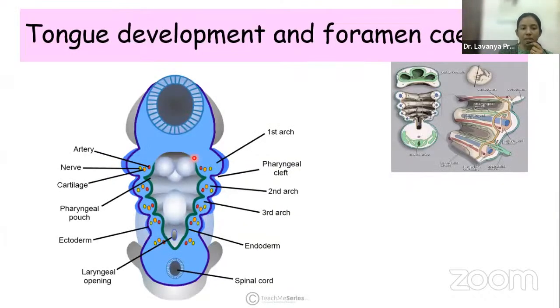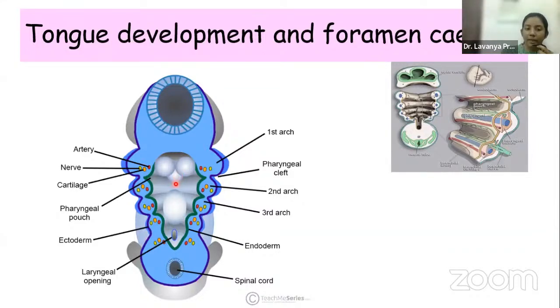This is nothing but this section. So what happens here? You can see this is the first arch. Towards the medial end, you can see the two lingual swellings. Between the first arch and the second arch, we can see the median elevation called the tuberculum impar. Now, why are we talking about this? To talk about the thyroid gland development.